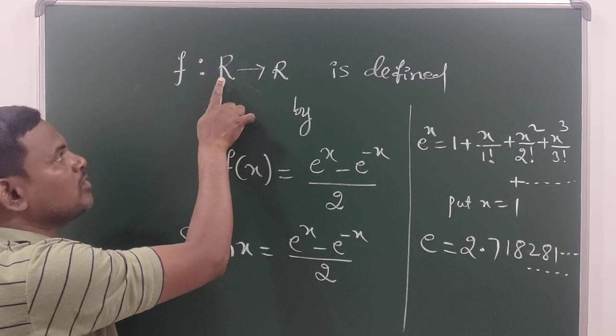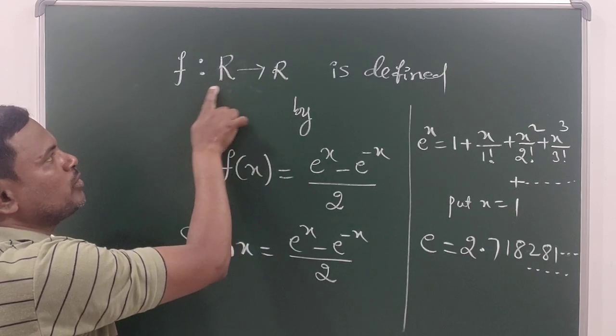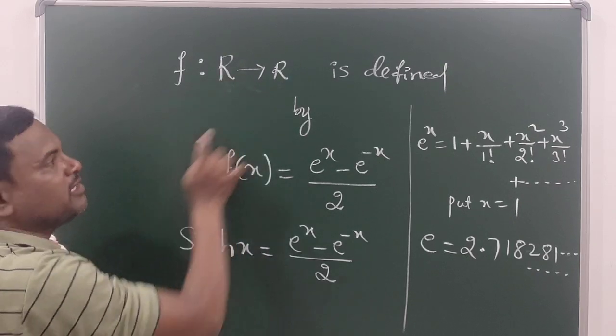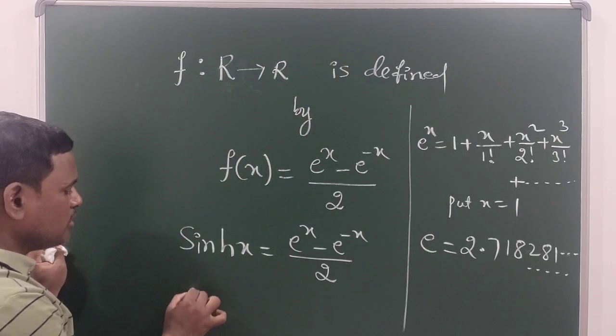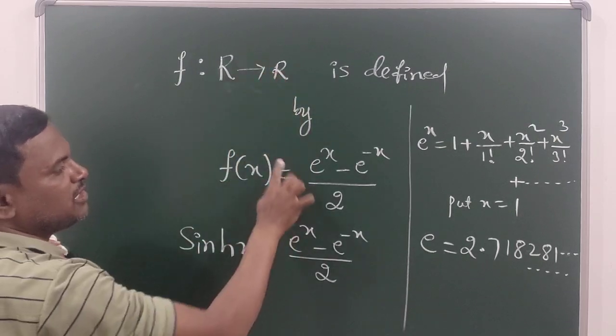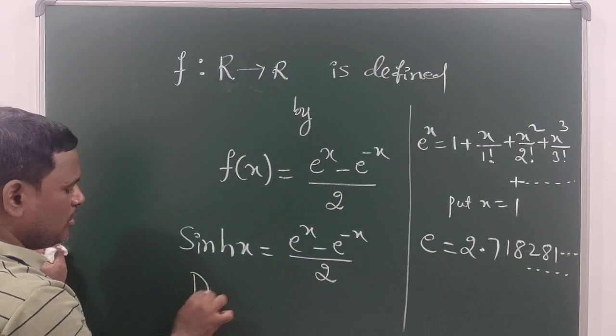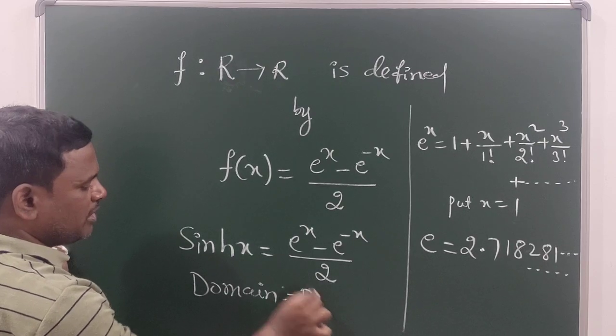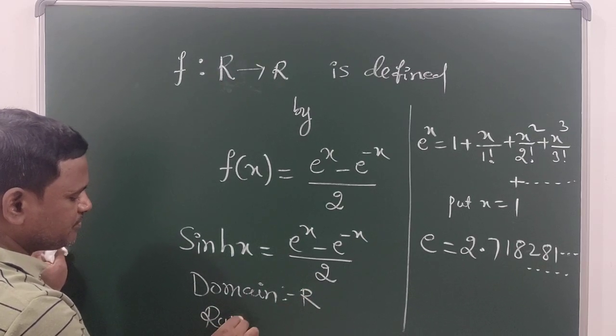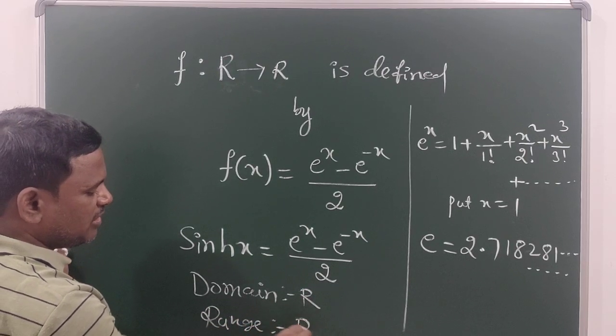From R to R. So here this represents the domain, this represents the range. What is the domain of this function sinh x? Domain is the set of real numbers, and the range is also the set of real numbers.